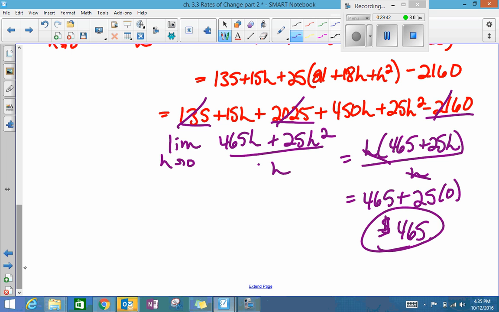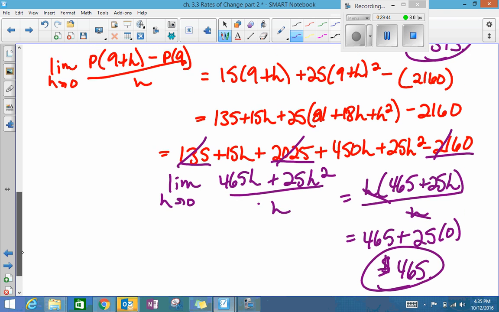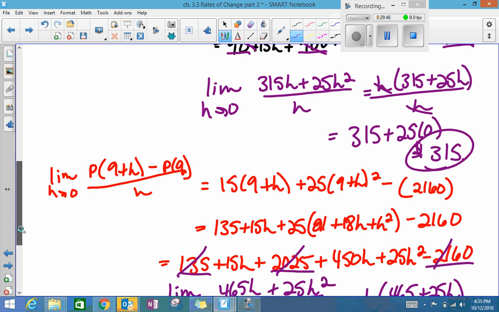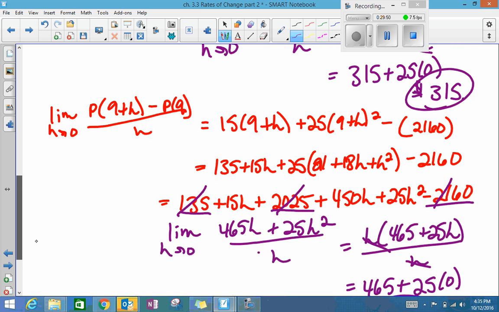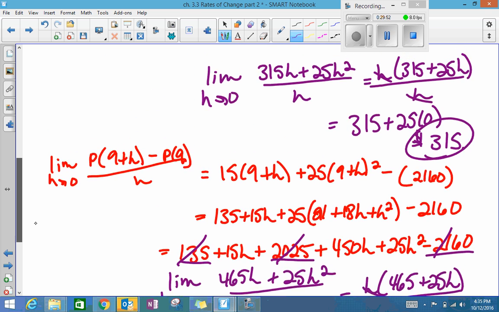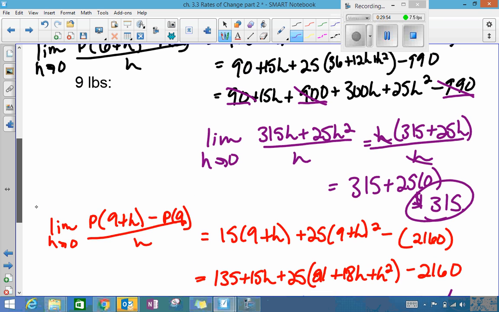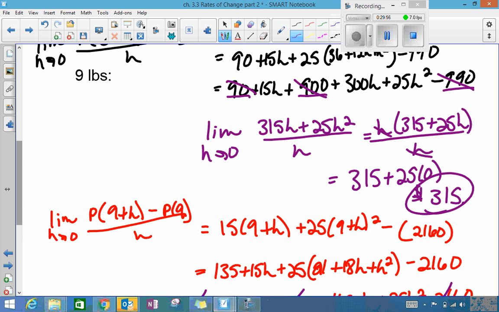So the instantaneous rate of change of profit on that 9 pounds of potatoes was $465, and the change in profit on the 6 pounds of potatoes was $315. And this again makes sense because we're talking profit. So you do expect your profit to rise as you're selling more potatoes, right?